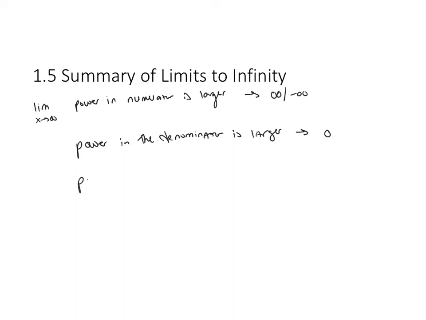And if the powers are the same, then it's going to be the constants of the highest power. This comes in really useful when we're trying to do limits quickly to infinity. Of course, there are other ways to do limits, but those take a lot longer.